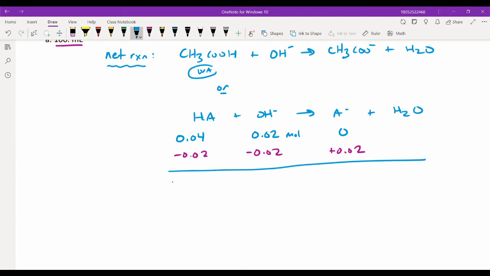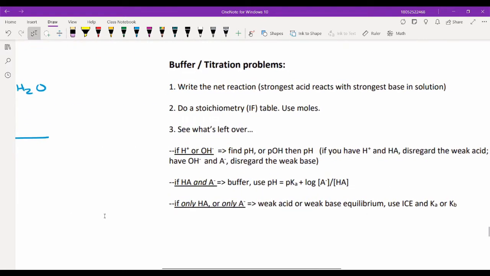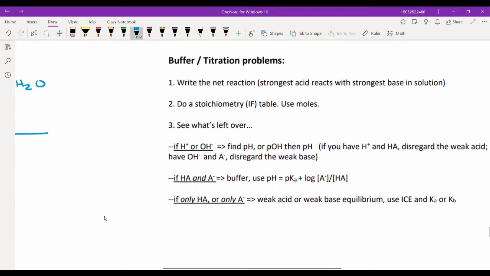That's important. So what we end up with is some of the weak acid left over, the hydroxide used up, and we've produced some of the conjugate base. So what do we have now? Well, in this scenario, this is the second scenario, you don't have H plus or OH minus left over.